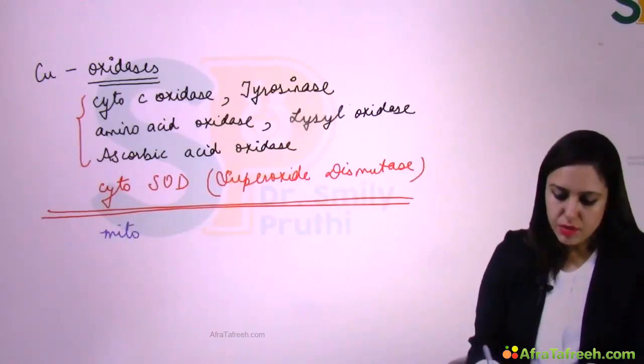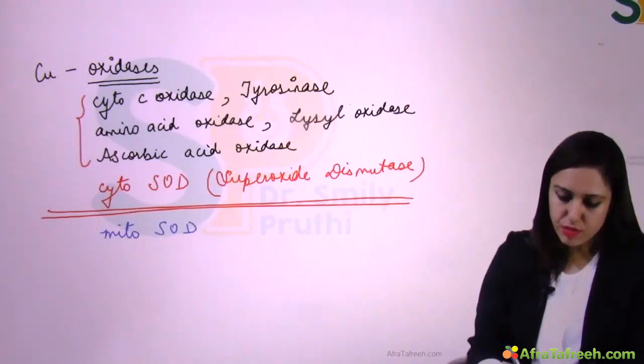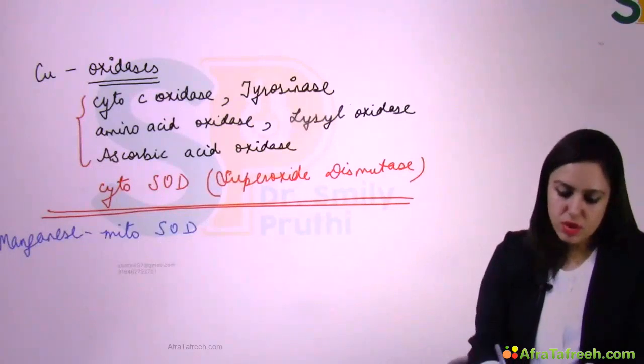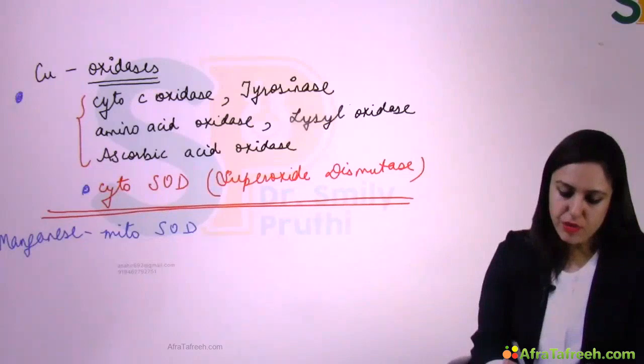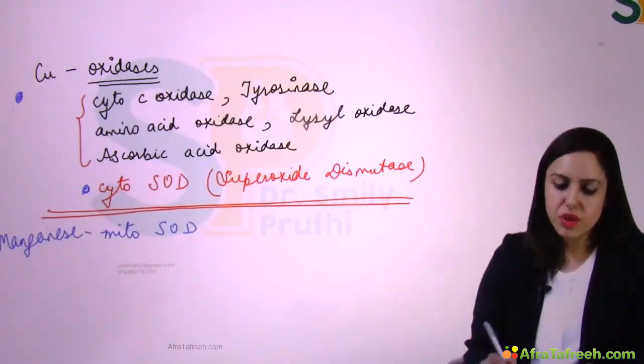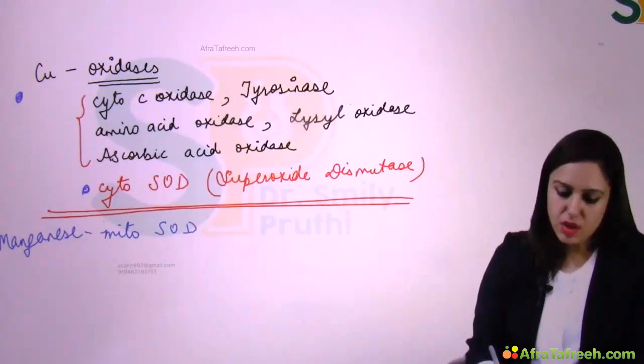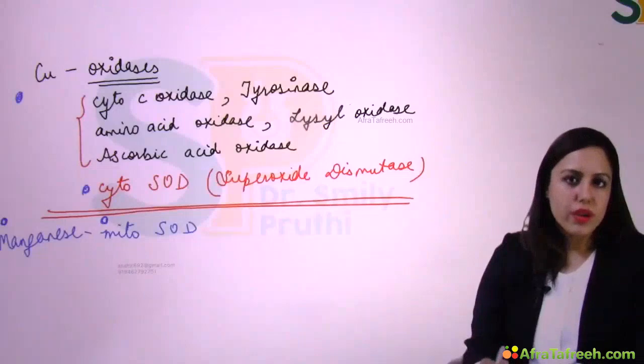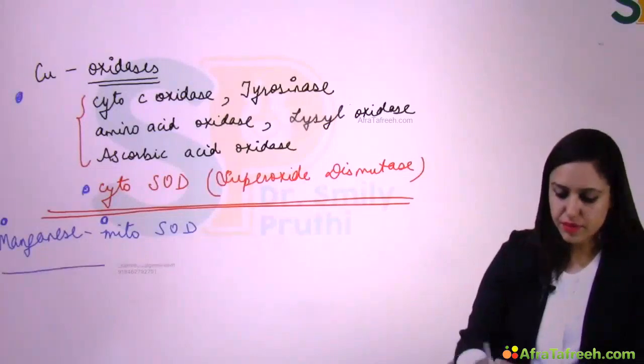Then mitochondrial SOD requires manganese, right? So easy to learn. C for cytoplasm, C for copper. Cytoplasmic SOD requires copper. M for mitochondrial, M for manganese. Mitochondrial SOD requires manganese, right?